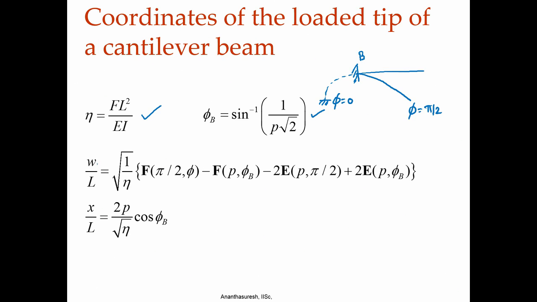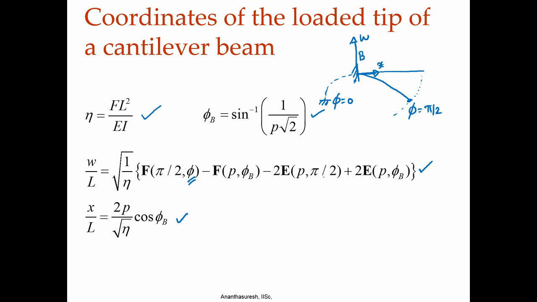Then we can get w and x by fixing the coordinate system over here. This is x and that is w. What kind of a locus the tip would have is given by these two equations. Once we solve for p, we vary the angle phi, that goes from phi equal to 0 all the way.